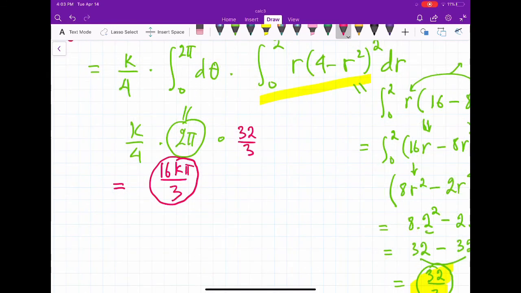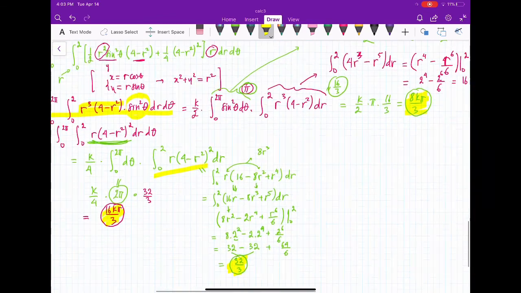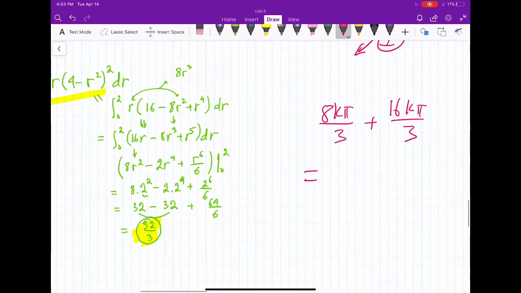Now let's sum them up. We get the answer we need. This is the second one. The first one is right here. So let's sum them up. Let's write in here 8k pi over 3 plus 16k pi over 3, which is 24k pi over 3, and that is 8k pi.